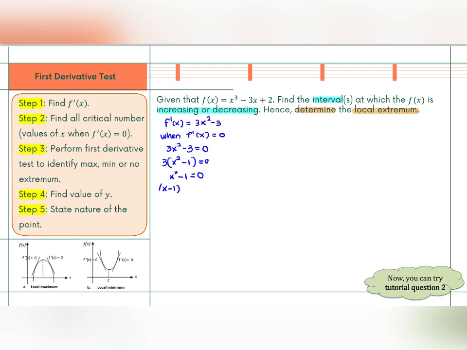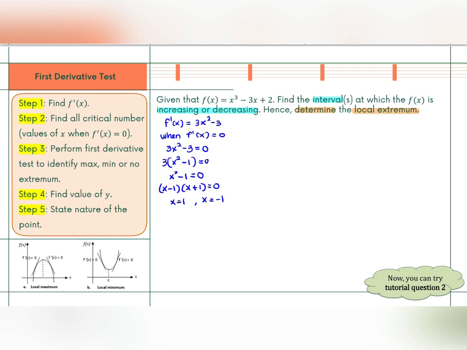And factorize, kita ada x minus 1 and x plus 1 equals to 0. That means our critical number adalah x equals to 1 and x equals to negative 1. Okay, next kita dapatkan perform the derivative test untuk identify the maximum, minimum ataupun no extremum.